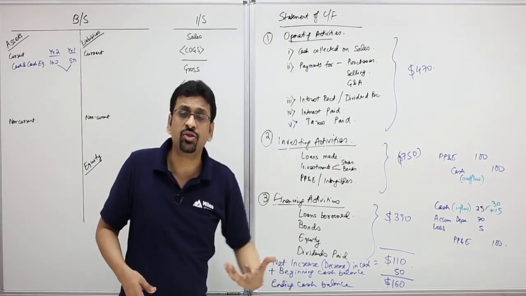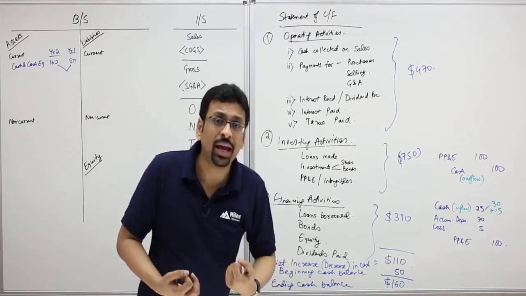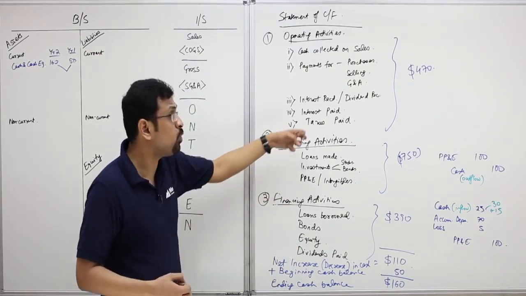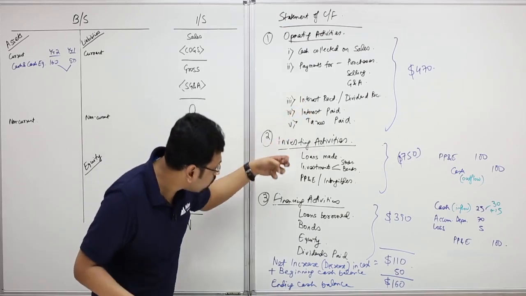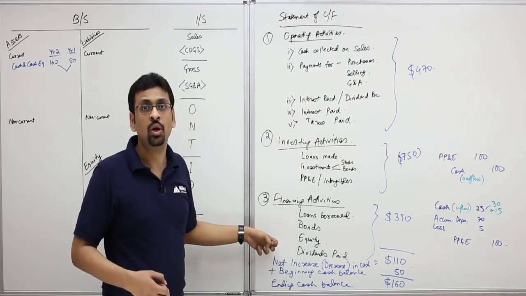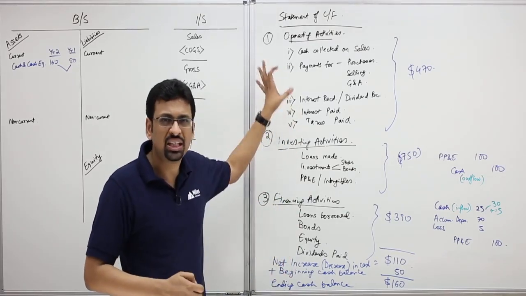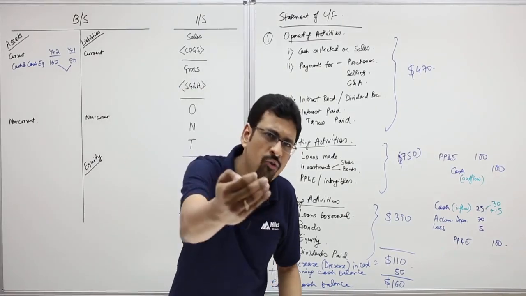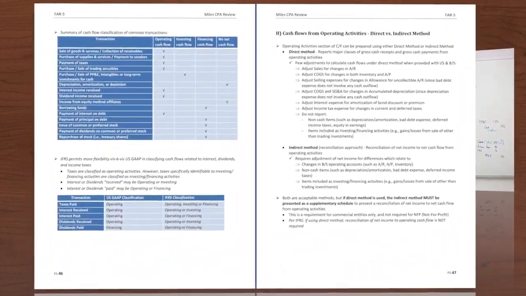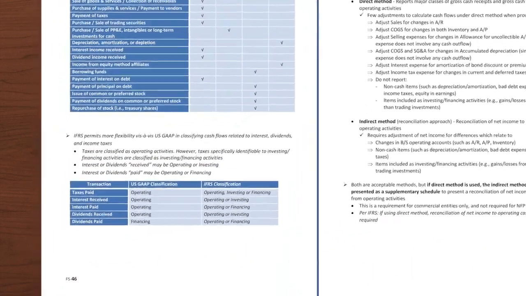Under IFRS, you could allocate the investing or financing portion of the taxes paid as investing and financing activities. So under GAAP, pretty much strict rules on how you're supposed to be classifying. IFRS, a lot of options. On the second half of page 46, we're looking at IFRS.